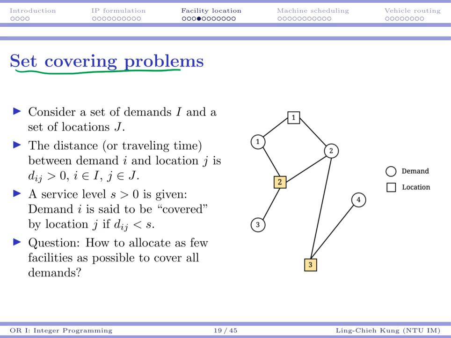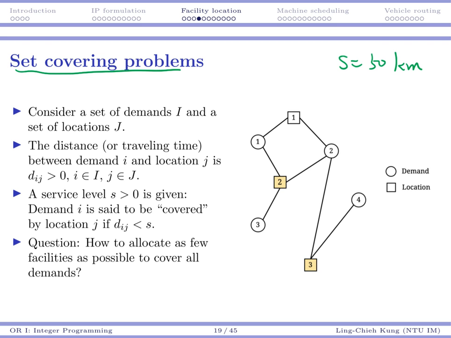An example is here. Let's say you are building hospitals, and you say S is 50 kilometers. So what does that mean? You are saying that we hope that each town or each village may have access to a nearby hospital where the distance is within 50 kilometers.